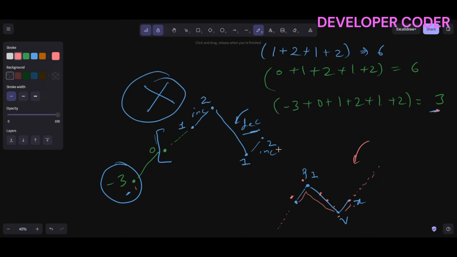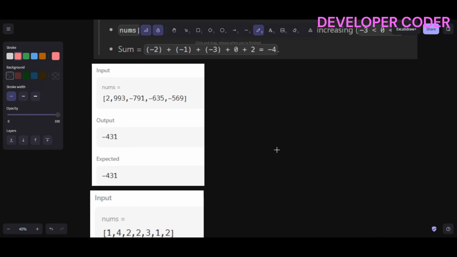Okay, let me show you a few more examples. Let's see this example here. Oh, calculation is a little bit difficult. Okay, no problem. So here starting from 2, and then you have 993. We will do the negative calculations. And then we have minus 791. Then minus 635 is bigger than minus 791, so I am writing here minus 635, and then minus 569 is also bigger than minus 635.